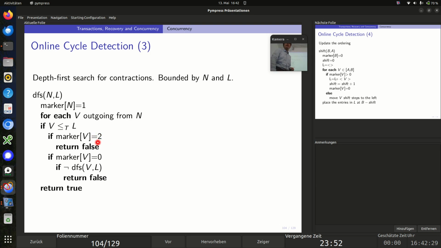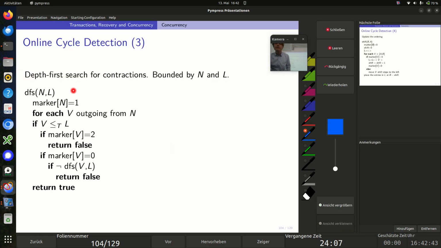If this is not the case, we have to do a depth first search for all the children, and we do this recursively until we find a cycle or not. So marker equals 2 means we visit a node already visited. This means the node has been already visited, so this means cycle.